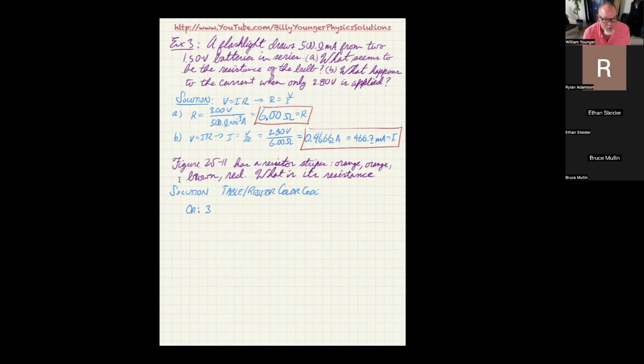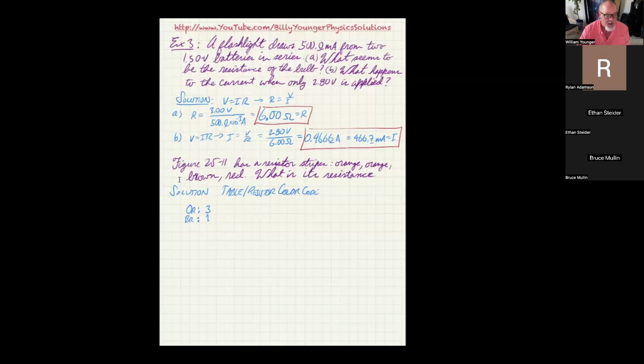Brown as a number corresponds to 1. And then red as a tolerance, because this said orange, orange, brown, red.